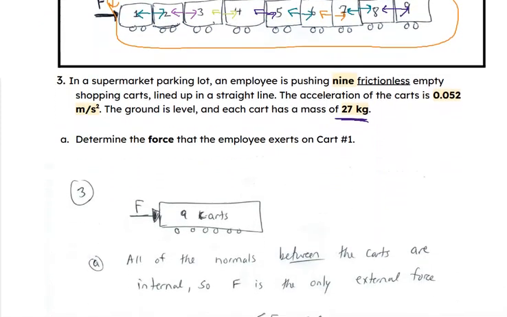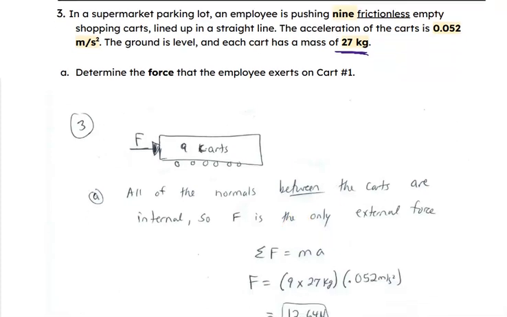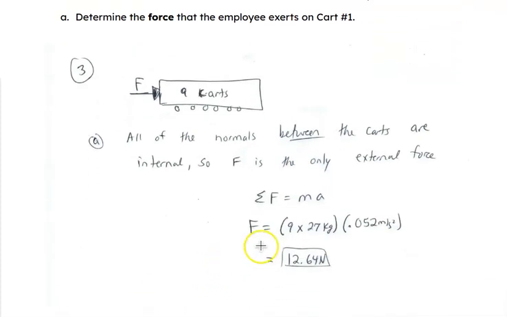And then we can find the external force. So we're defining all 9 carts as a system. All of the normals are internal. So the only force we care about is the one we don't know. Okay, and then look, grading some people's work, they forgot to multiply by 9. There are 9 carts.